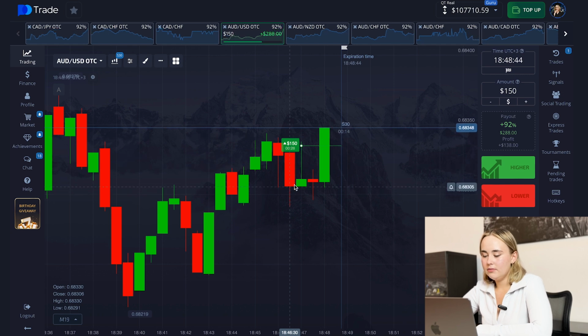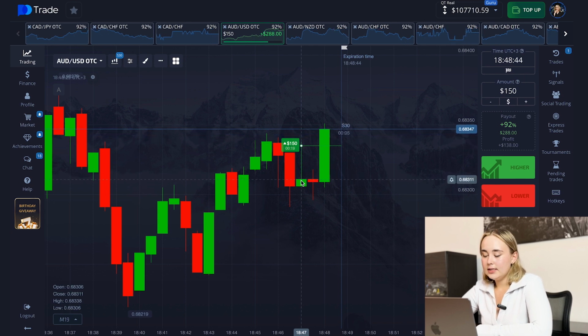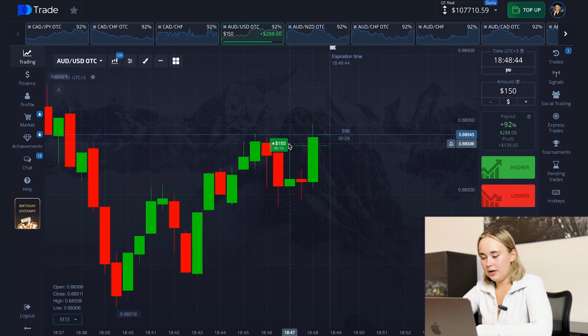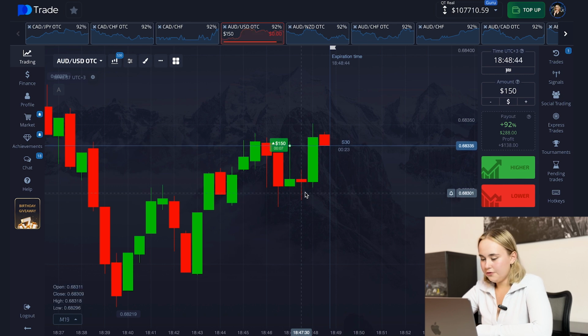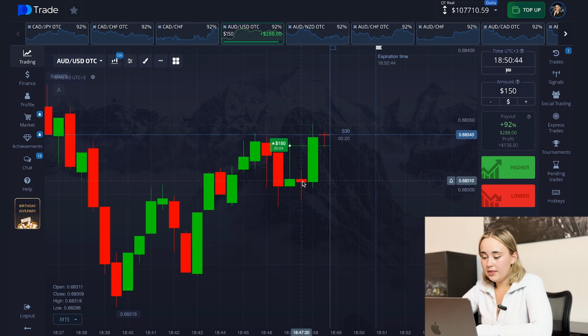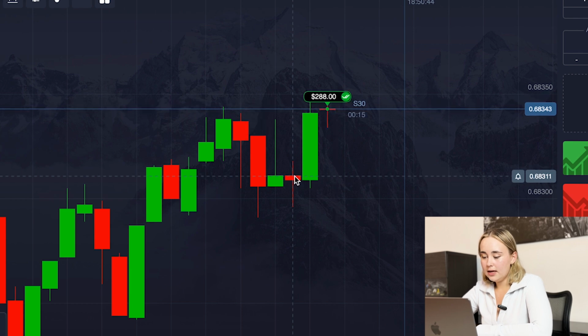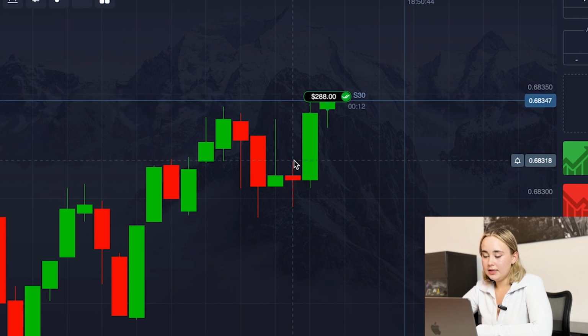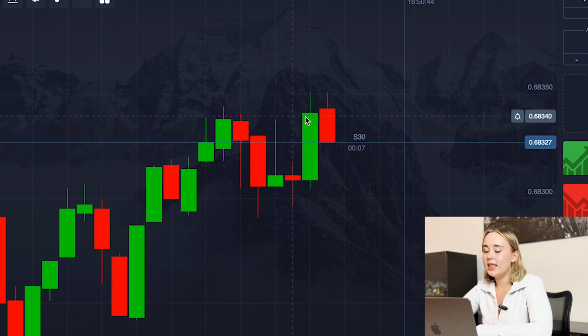Again, we can see that this tail was kinda long, and at some point some people decided that the price wasn't good enough here, and they decided to test it right here. So for example, that was the opening price, that was the closing price, and some people decided to bid higher. So that's why I decided that the price is going to be higher, and that's exactly what happened, guys.